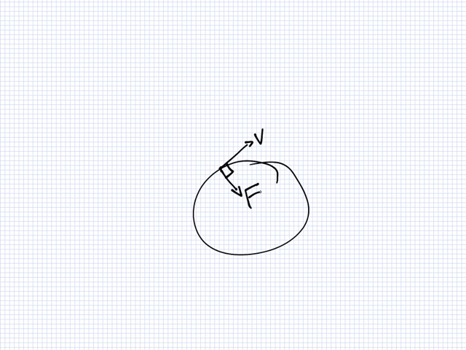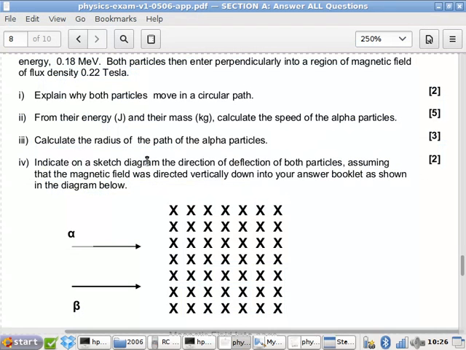So FBI, the current is a bit like its direction, because remember, whatever way the alpha moves, that's the way the current is moving. And because that is perpendicular to the force, that's what will make it move in a circle. So in other words, because the left-hand rule and that force is perpendicular to current, that is what makes it move in a circle. So that answers the first part.